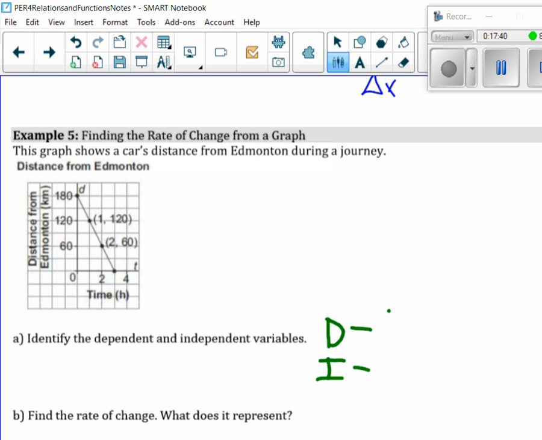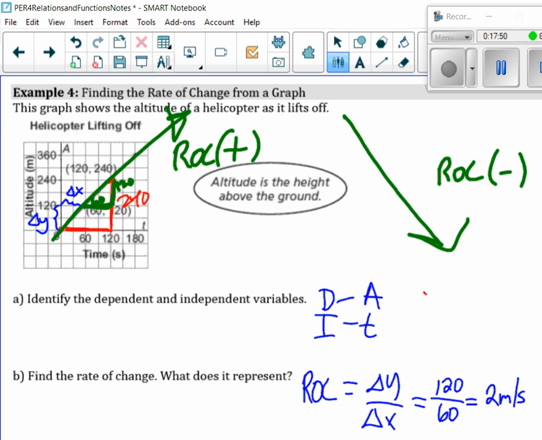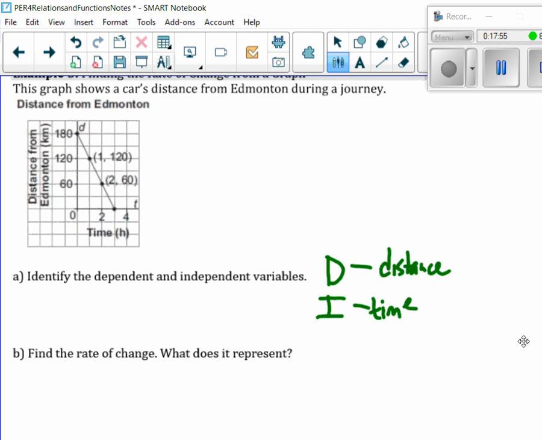Okay, so who can tell me what the dependent and the independent variables are? Yeah, so I'm going to put distance and time. Very good. And I'm going to give you a second to figure out the rate of change. You could do that. Or you can do this big thing here. From here to here to here to here.